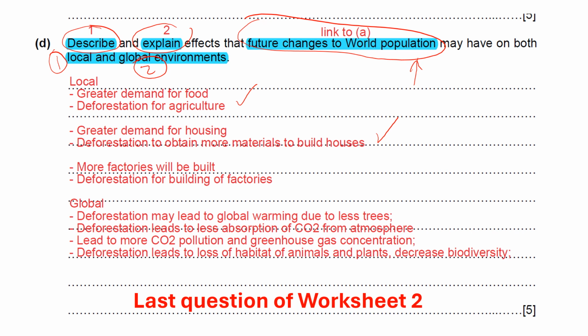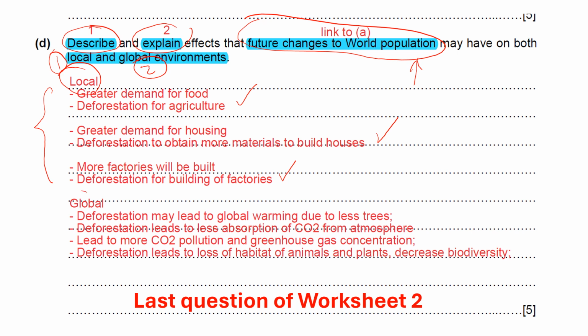You can talk about industrialization because industrialization is still like a country-based thingy. So to me, these 3 arguments fall under local. Okay? Again, the strategy is to split them up.